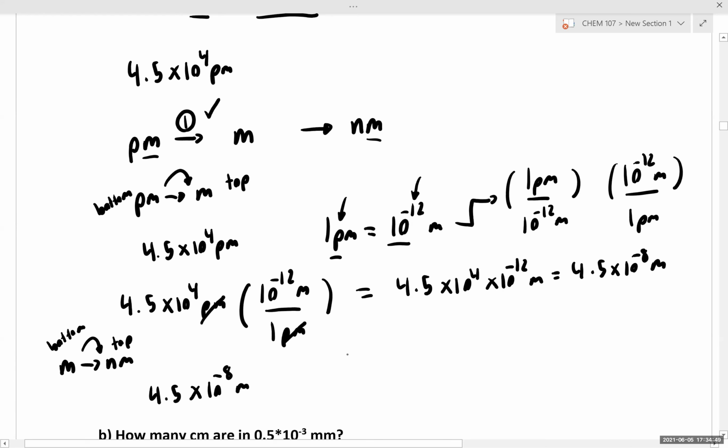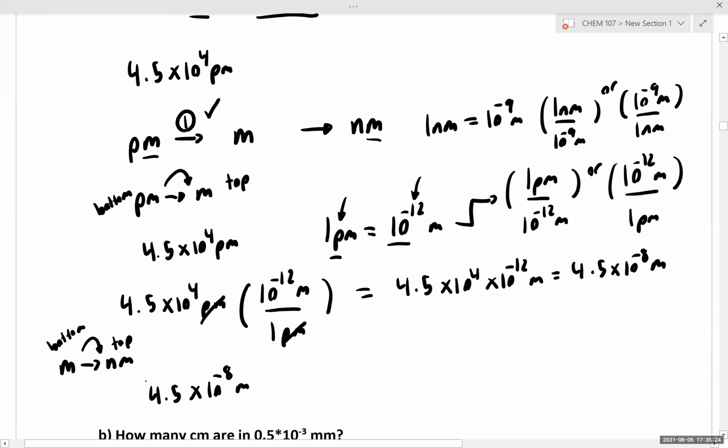And we know, just to make another table, that 1 nanometer corresponds to 10 to the negative 9th meter. So again, we can make another set of conversion factors. So we have 1 nanometer per every 10 to the negative 9th meter, or we have 10 to the negative 9th meter per 1 nanometer.